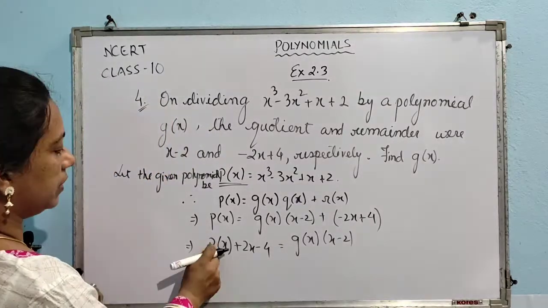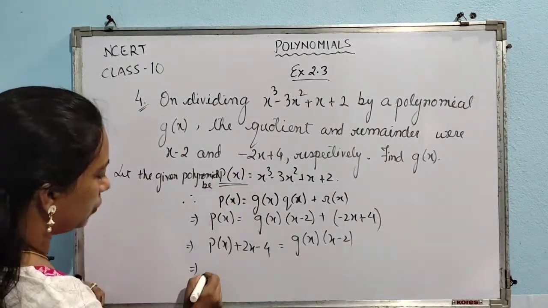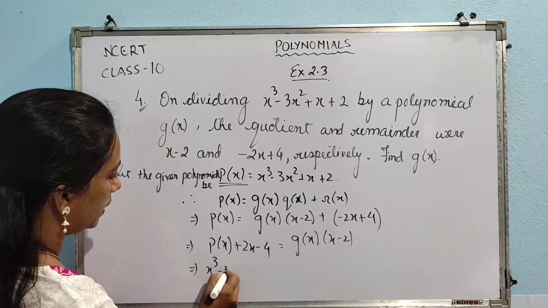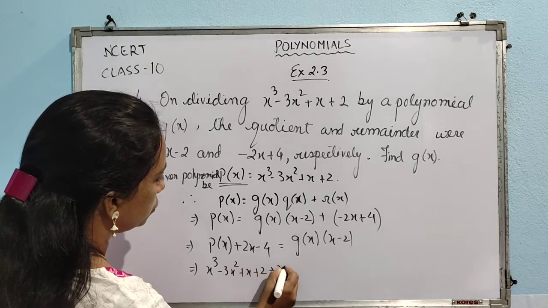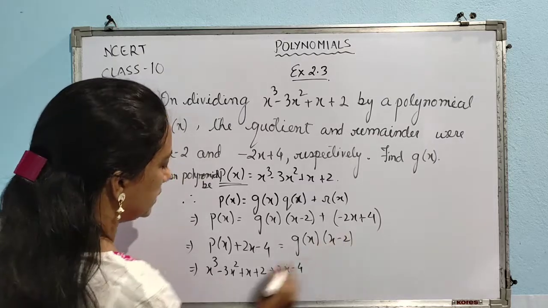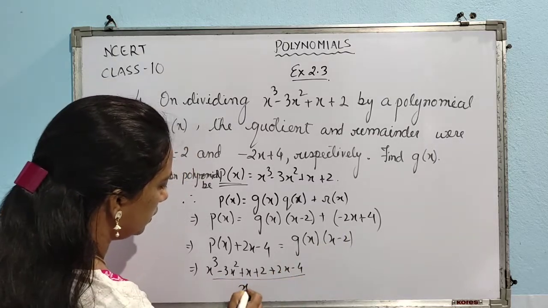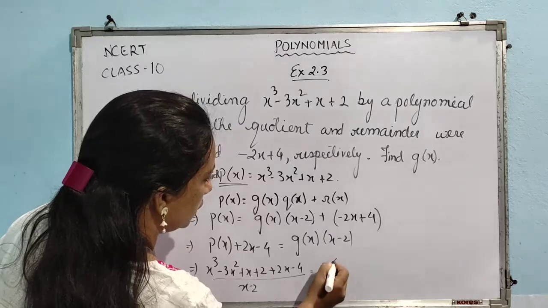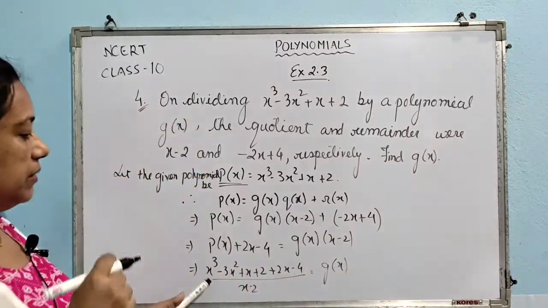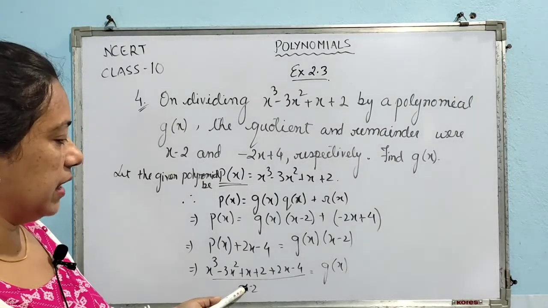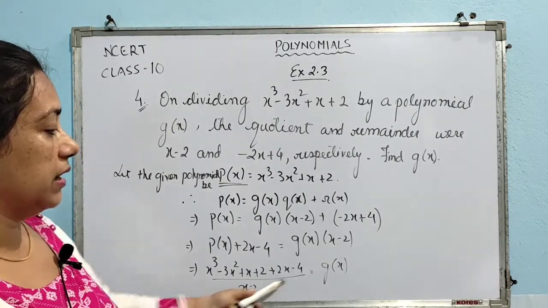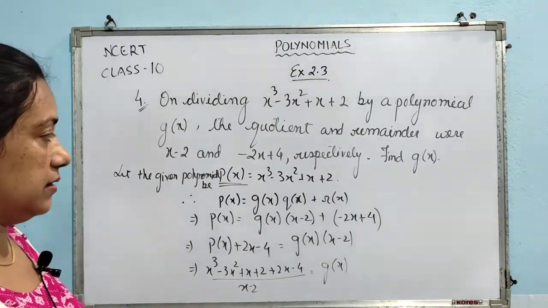In place of p of x we can write x cube minus 3x square plus x plus 2 plus 2x minus 4, and this divided by x minus 2 is equal to g of x. After simplifying we get the dividend and the divisor, and after dividing we can get the value of g of x that is needed.